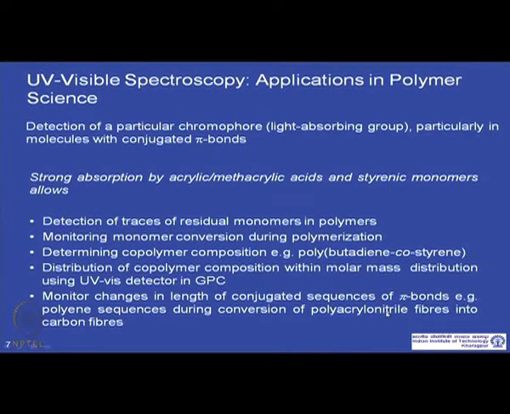And of course, the more the conjugation of pi bonds, the higher the absorption. So, by following the conjugated sequence of pi bonds, we can follow the conversion of polyacrylonitrile fiber into carbon fibers. These are some of the examples of UV visible spectroscopy in polymers.